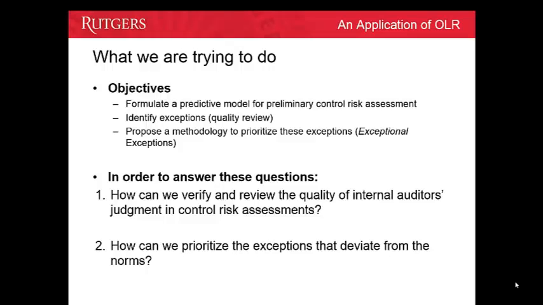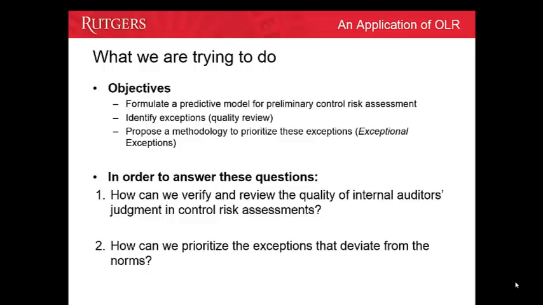Those are the cases where the predicted value would be different from the value that the auditors assigned. This would help us review the quality of the auditor's judgment. And finally, we propose a methodology that would allow us to rank those identified exceptions to make it easier for the auditors to address the more suspicious or disagreeing cases first.